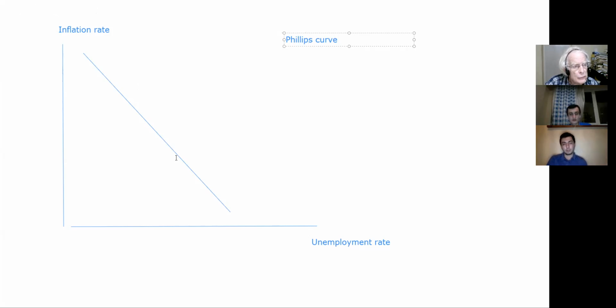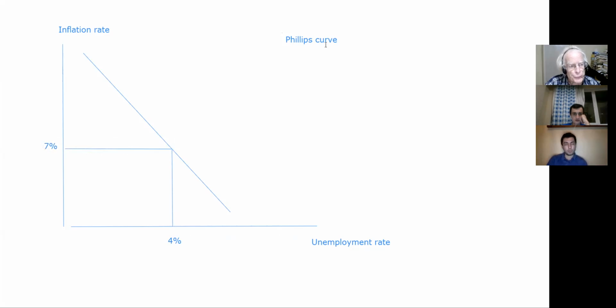So, for example, here is Kazakhstan that has a long run rate of unemployment of about 4%. And here is our average inflation rate of about 7%.